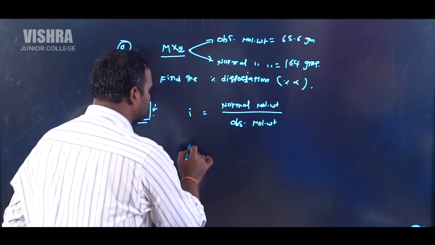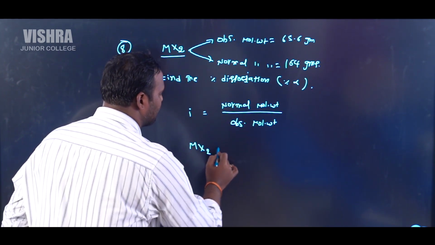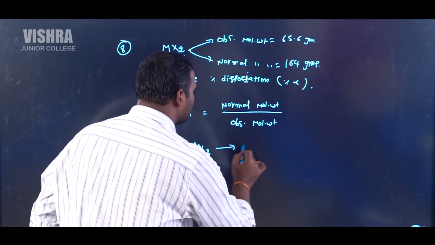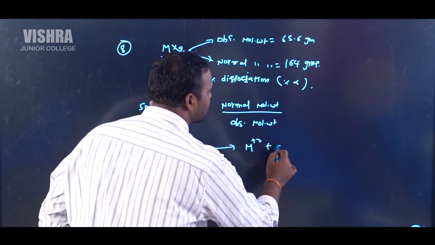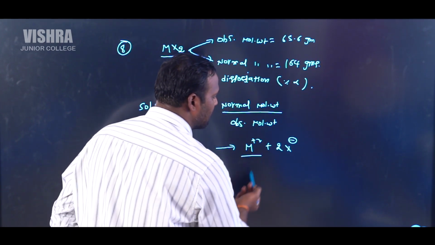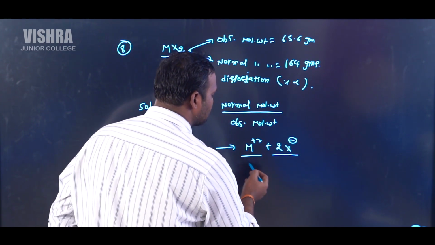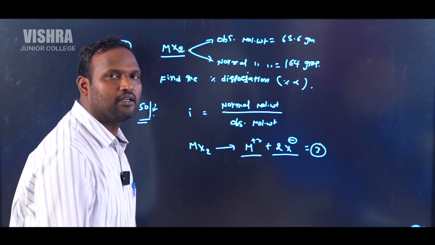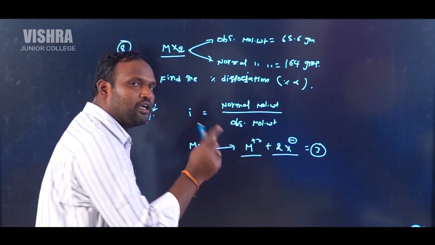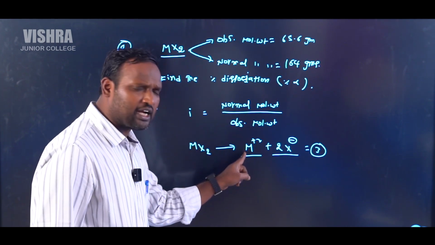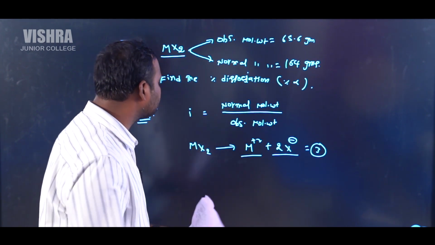The given compound is MX2. Whenever this compound undergoes dissociation, it gives M2+ and 2X-. So the number of ions is 1 cation and 2 anions, 1 plus 2 is equal to 3. So whenever the MX2 compound undergoes dissociation, it gives 3 ions; out of 3, 1 is a cation and the remaining 2 are anions.